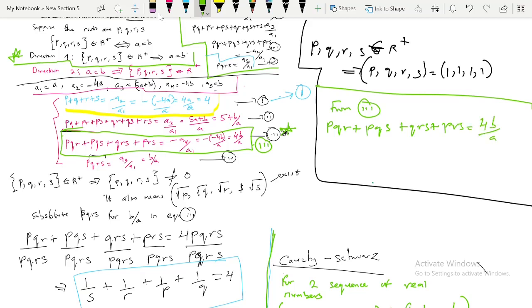But we know that P, Q, R, and S are all 1. So this is just equal to 1, equal to 1, equal to 1, equal to 1.